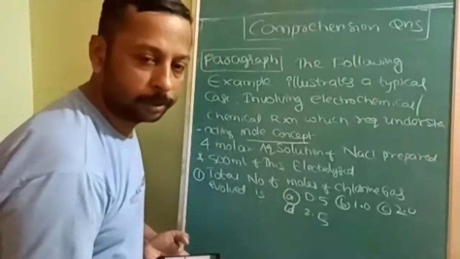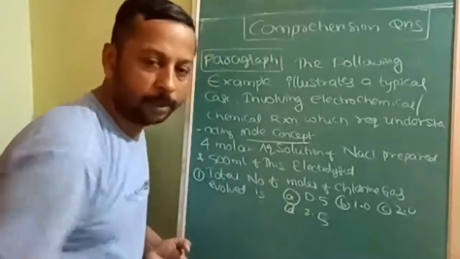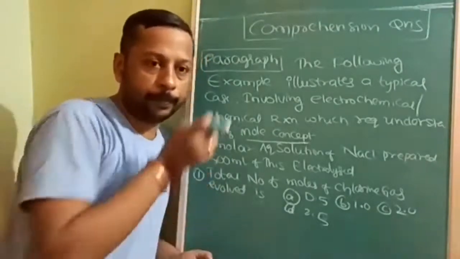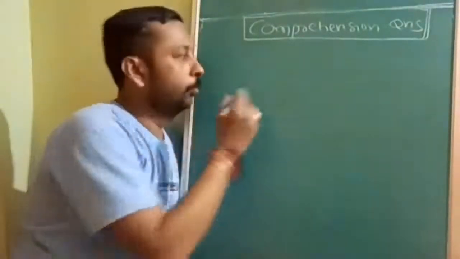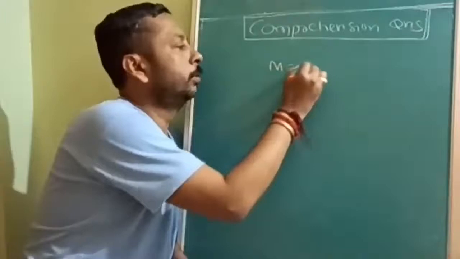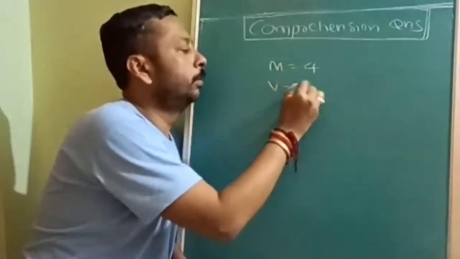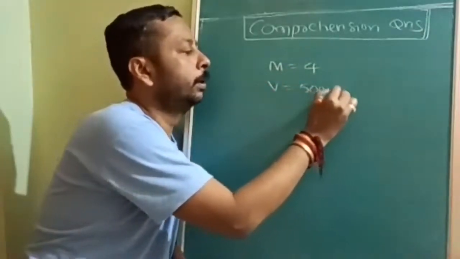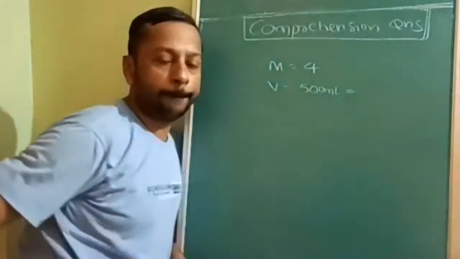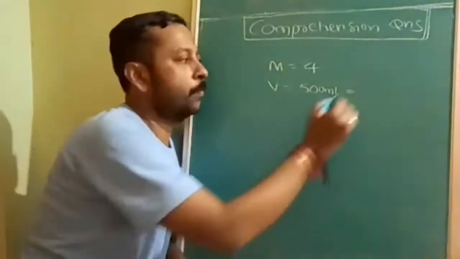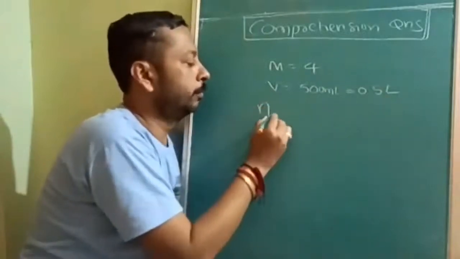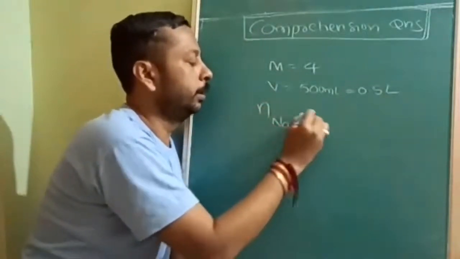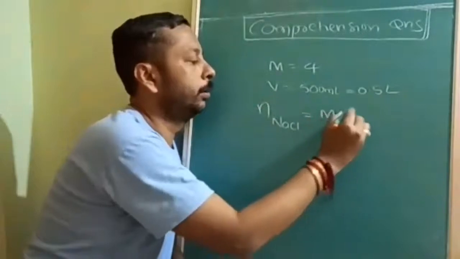Okay, the answer to this question. See here, molarity is equal to 4 and volume is equal to 500 ml. So we can say it as 0.5 liter. Number of moles of NaCl is equal to molarity into volume.